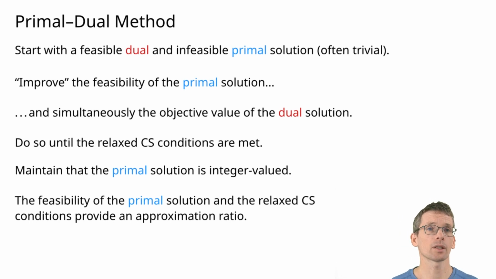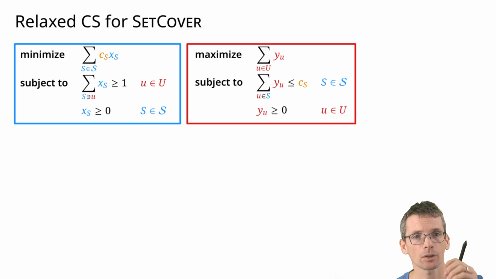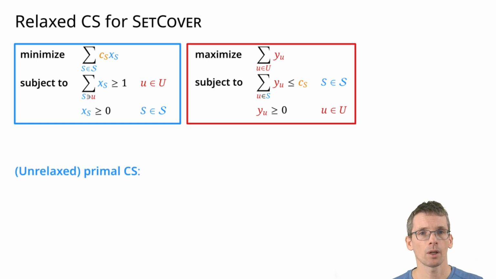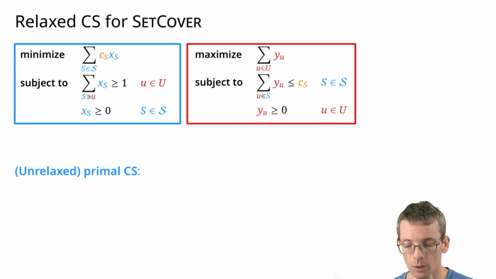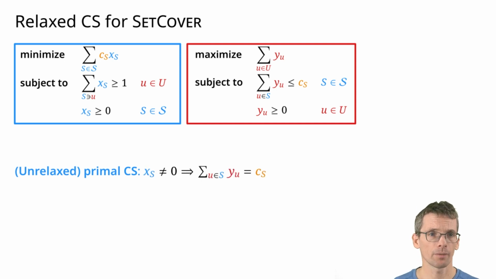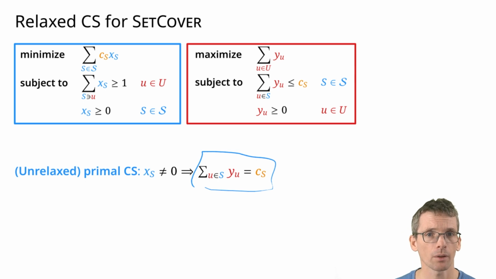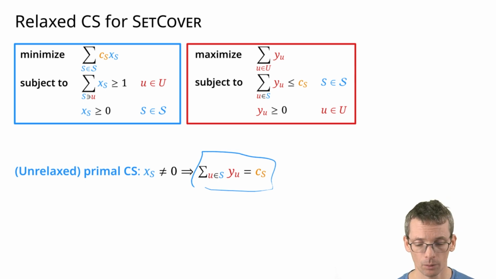Let's do this by the example of set cover. So here we have again the primal and the dual problem and the relaxed complementary slackness that we're going to enforce. For the primal complementary slackness, we actually will not relax it. I will make sure, or the algorithm will make sure, that we actually have equality.